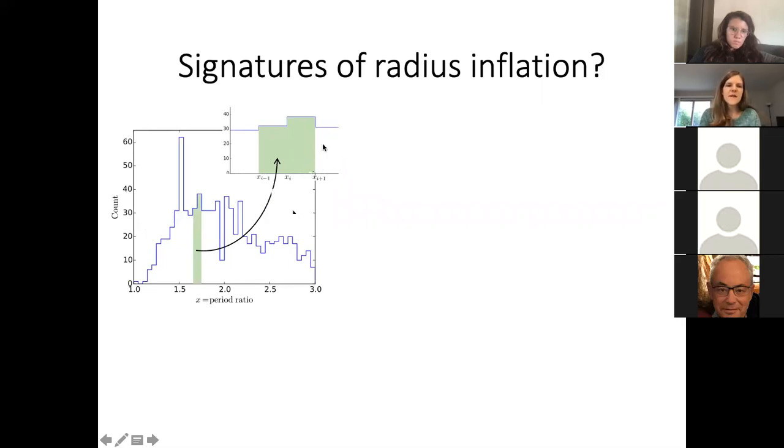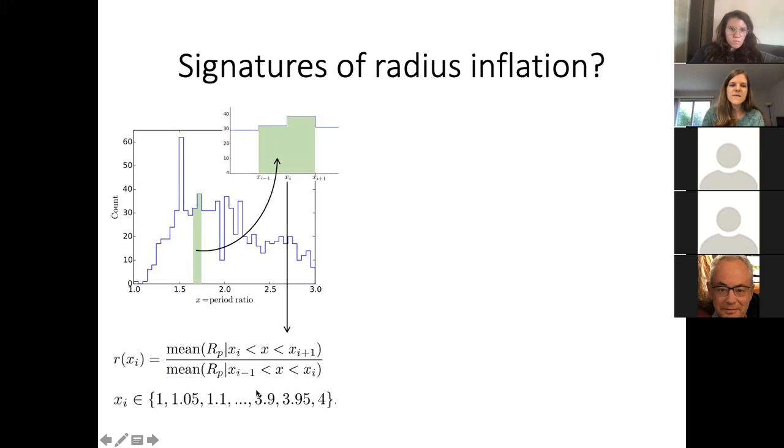And then I'm going to look at the mean planet radius in a given period ratio bin. So it's a lot going on, but hopefully it makes some sense. So look at the mean planet radius here and compare it to the mean planet radius in just an adjacent bin. So this is a little bit of a mathematical description of what I'm trying to describe here. And then I want to look at this across this entire period ratio distribution.